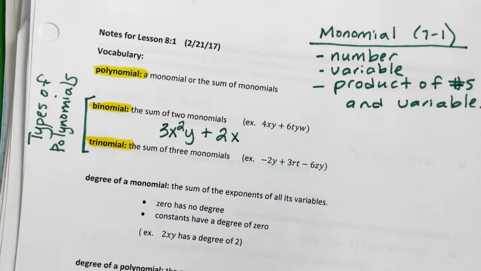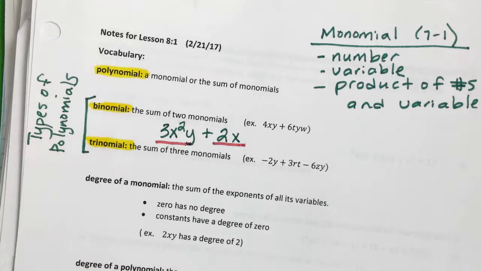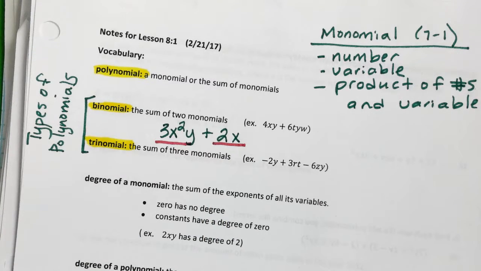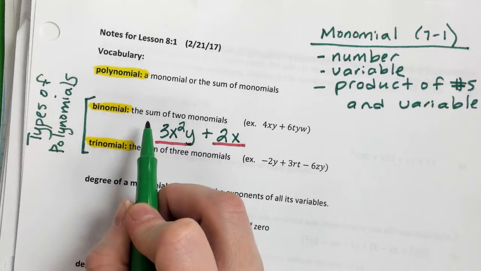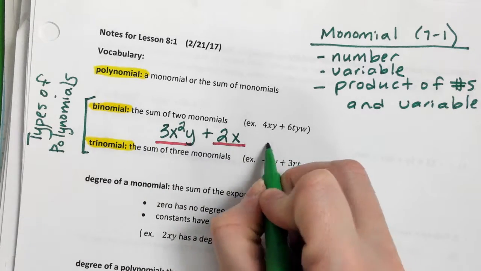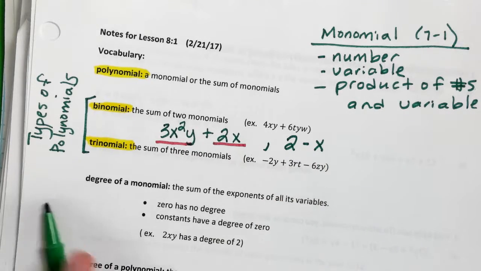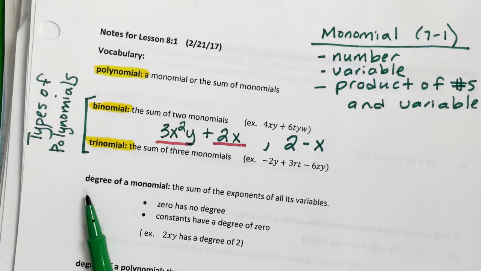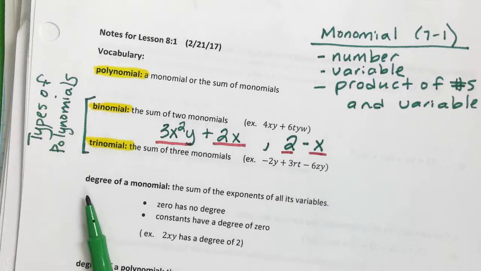The reason this is a binomial is because it's two monomials being added together. I know it says sum right here, but it doesn't have to be a sum. It can be a difference too. Like you can have something like 2 minus x, because 2 is a monomial, and so is x. Do y'all know why they just say sum though?